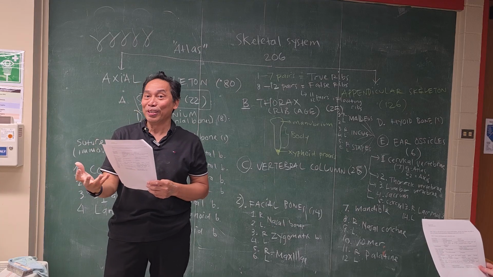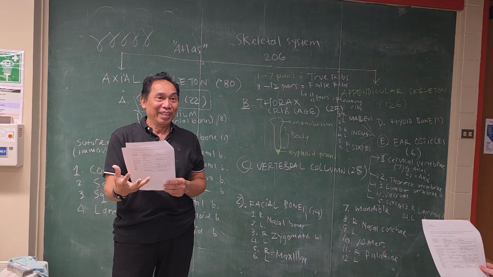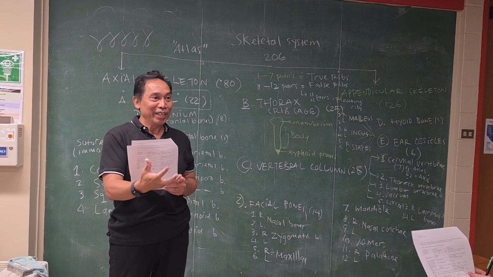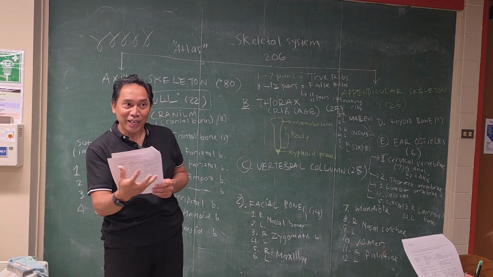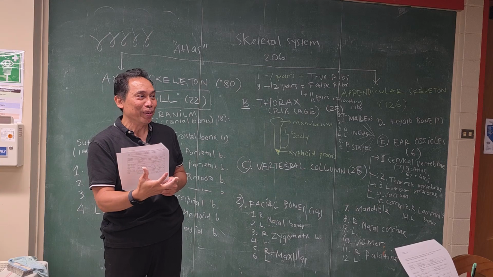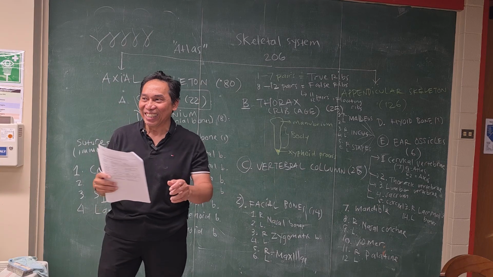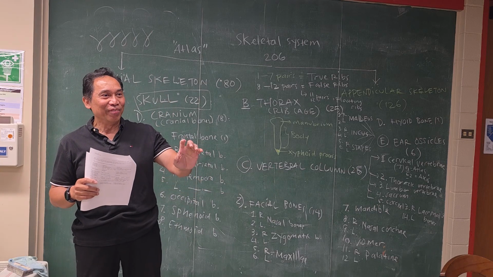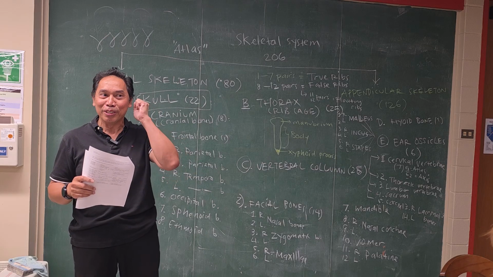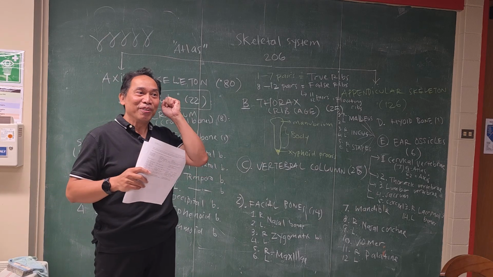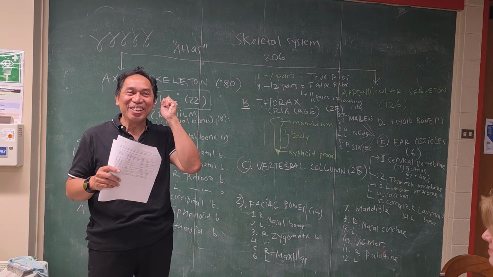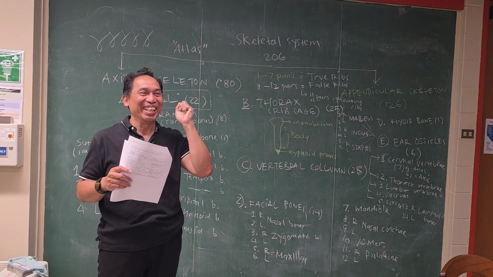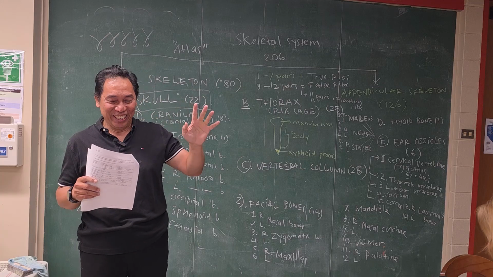You found a skull in your backyard. Now, because you are anatomy and physiology students, before you call the police, you can try to identify first. I want to know whether this is male or female. So you do it, and after you're able to say whether the victim is male or female, you call the police. Hey, police, I found a skull in my backyard. It's a female skull. How do you know it? I learned it in the classroom. Okay, so you can do that.